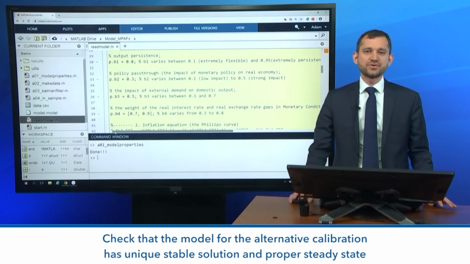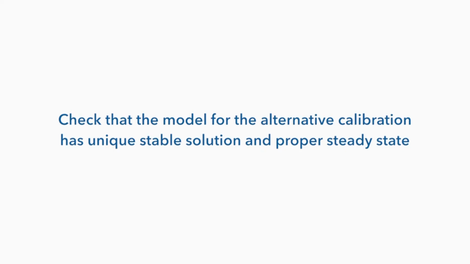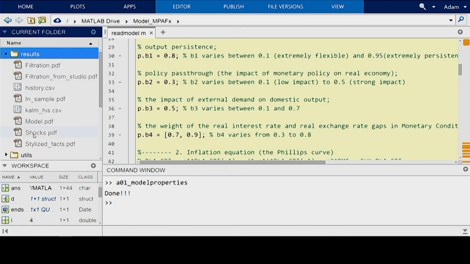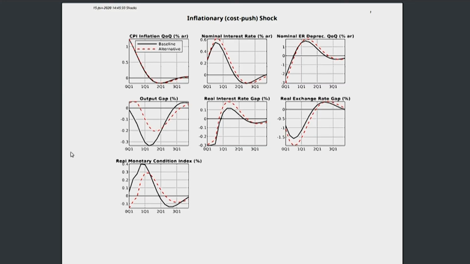Again, we should check that the model for the alternative calibration has unique stable solution and proper steady state. This time, I will let you do it on your own. When done, open again the PDF report Shocks from the results folder.